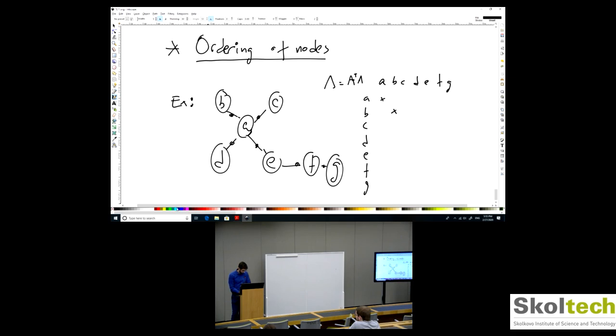Let me use a different color. Okay, so this is the diagonal. We always have connections after doing this multiplication here.